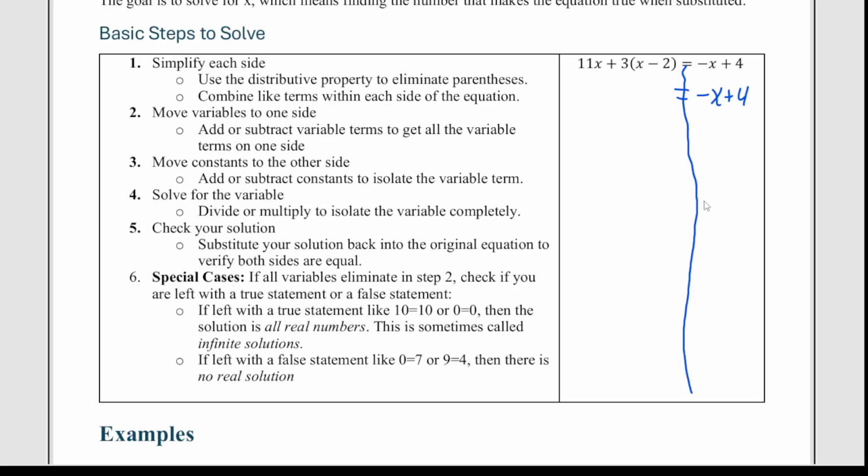My left-hand side is not yet simplified, and in terms of order to simplify the left-hand side, I personally would strongly recommend first using the distributive property, so there's no more parentheses, then combining like terms within that side of the equal sign.